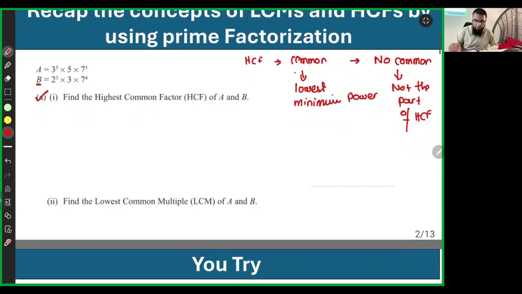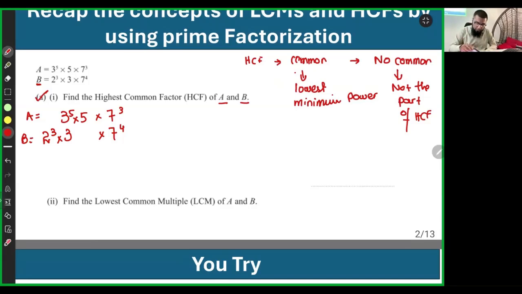So you said to find the highest common factor of A and B. So we are having 3 raised to the power 5 into 5 into 7 cube. Now I'm writing 3 beneath 3, and then we're having 7 raised to the power 4. Got it? That was A and that was B. Now I need to see which numbers are common.